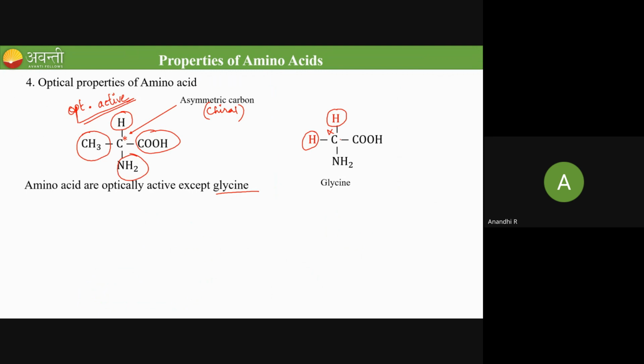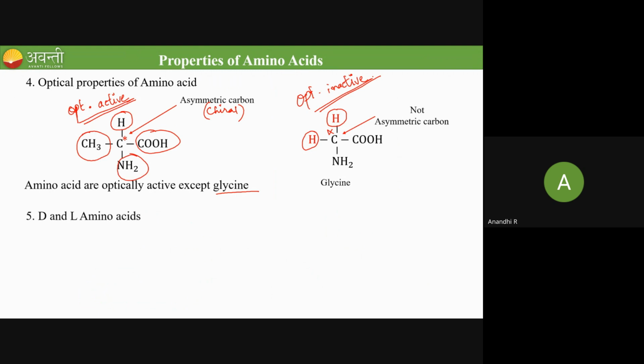So that's why glycine is optically inactive. The only optically inactive amino acid is glycine. Very important question. No asymmetric carbon is present.